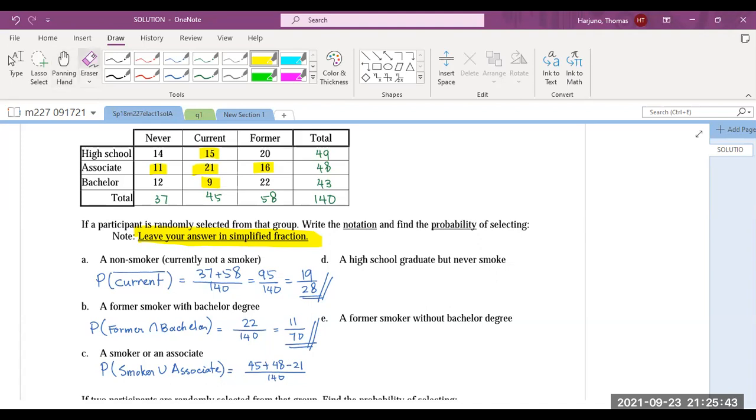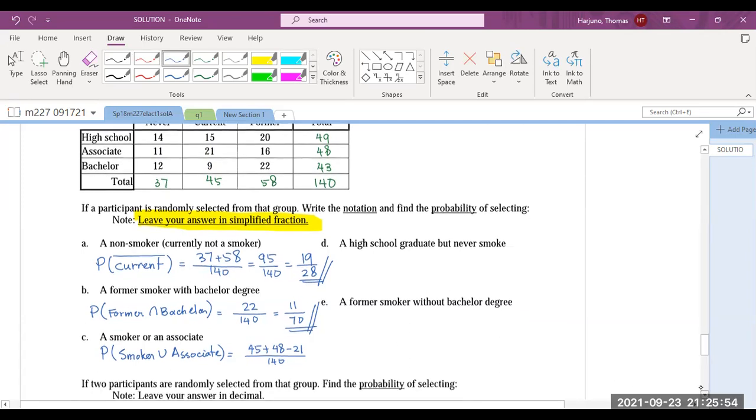Okay, now notice what I did there is basically the foundation of inclusion-exclusion formula. Do you remember that? The union? The probability of A union B is probability of A plus probability of B minus the probability of the intersection.